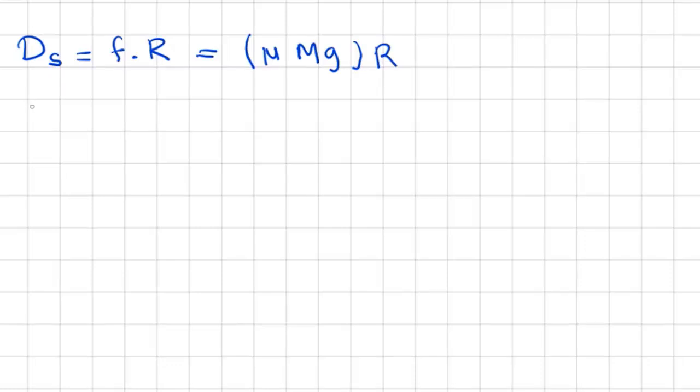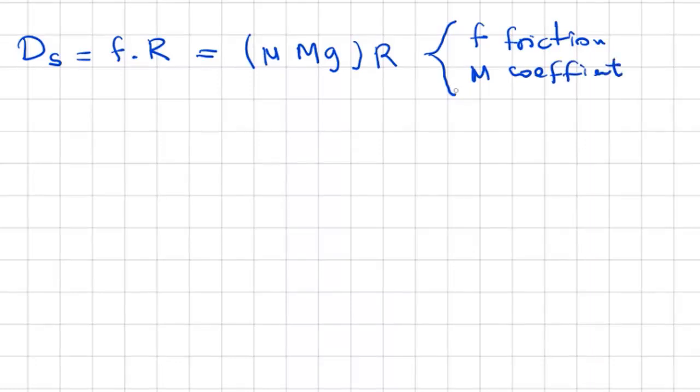So here F is the friction force, mu is the friction coefficient, and obviously m and r are the mass and radius respectively. Let's call this equation number 1, and we will write it down like this.